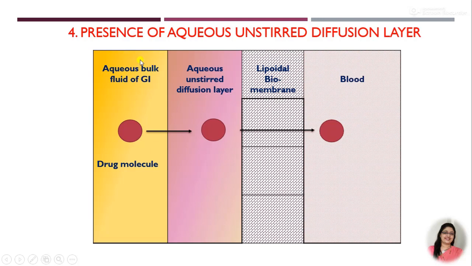This is the aqueous bulk fluid of GI wherein the drug molecule has dissolved in the fluid. Now this drug molecule has to cross the biomembrane and reach the blood.